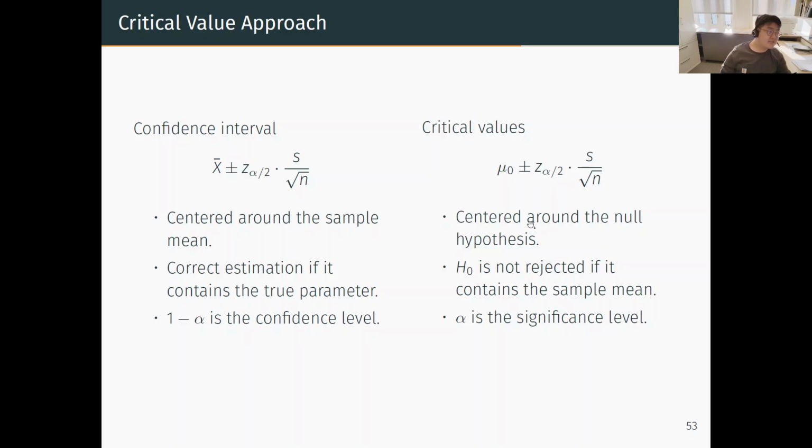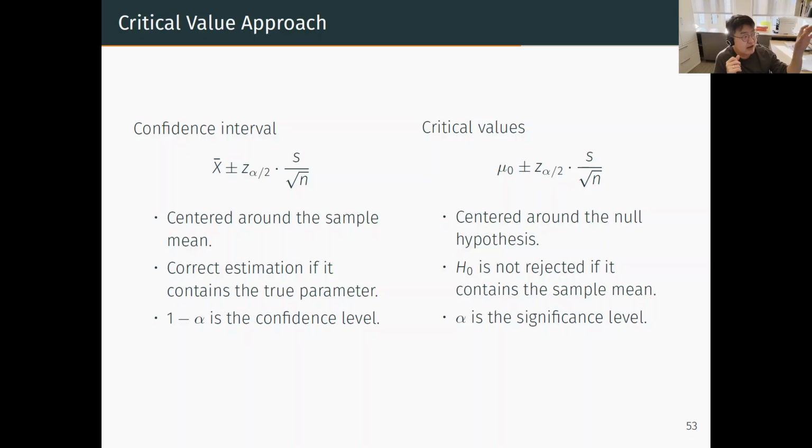But in the hypothesis testing, these critical values will be compared with the sample average. If this interval contains the sample average, and you can observe that, right? You can observe whether it contains the sample average or not, and if it contains the sample average, then you don't reject the null hypothesis.